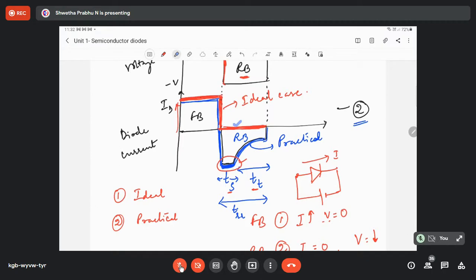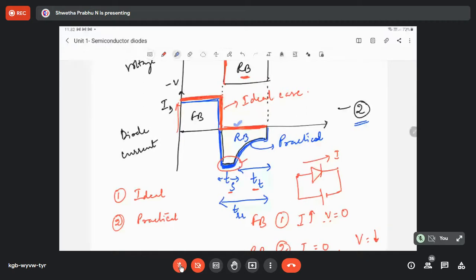Majority charge carriers are with respect to forward bias diode. Minority charge carriers are responsible for reverse saturation current. So those minority charge carriers will store for certain amount of time and it won't go to zero suddenly under practical case.